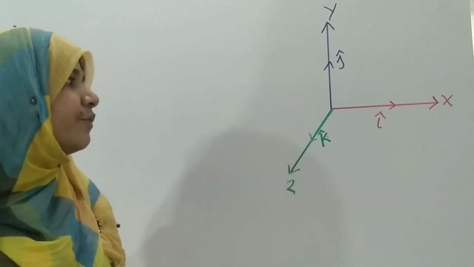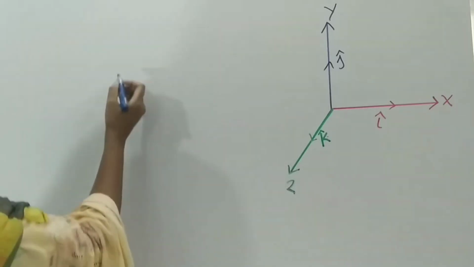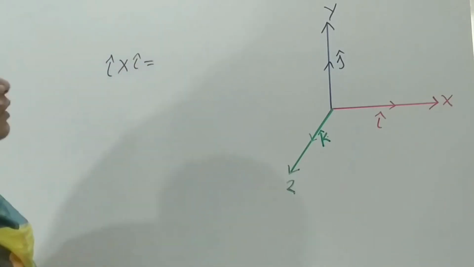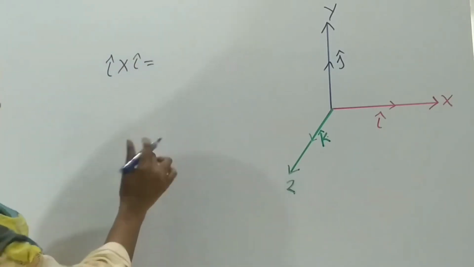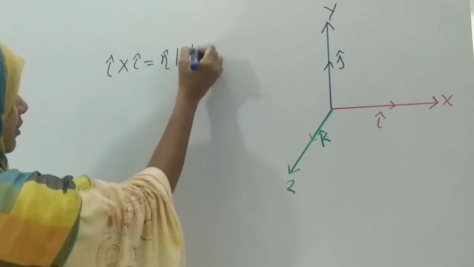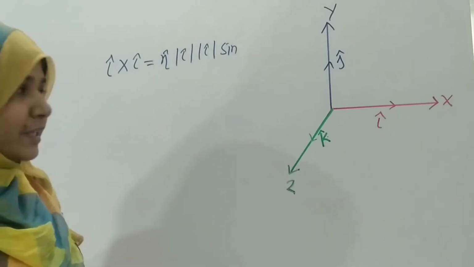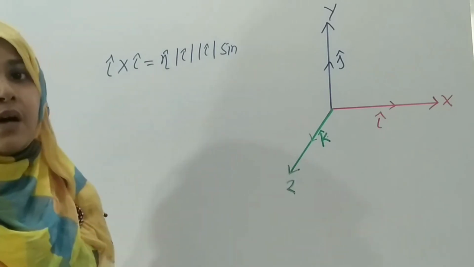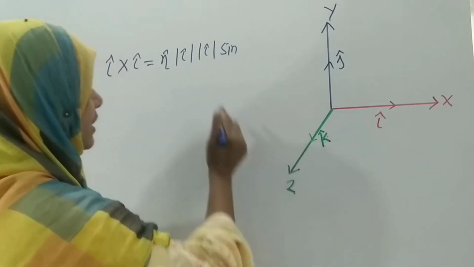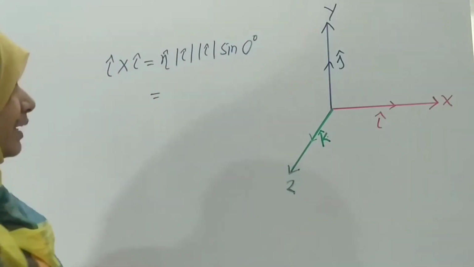Cross product of similar rectangular unit vectors, that means I cross I. So we can write that the cross product is eta modulus I into modulus I into sin alpha. So you know that two similar unit vectors make a 0 degree angle, as they are in the same direction. So here we use sin 0 degree, so I cross I will be 0.